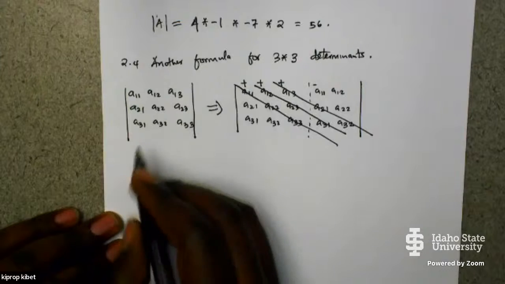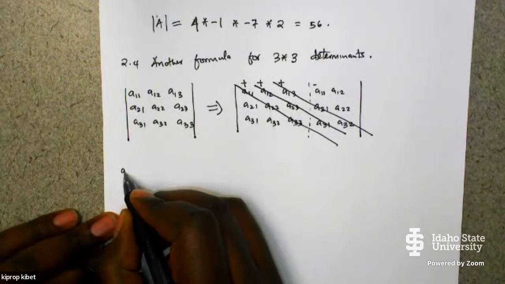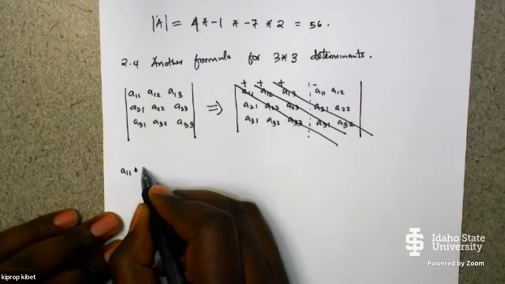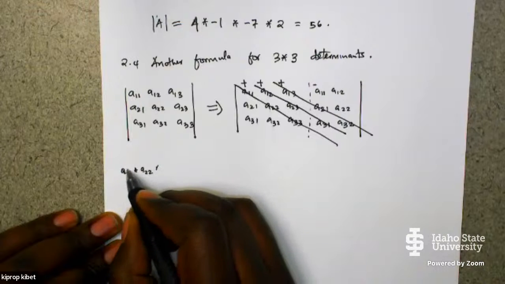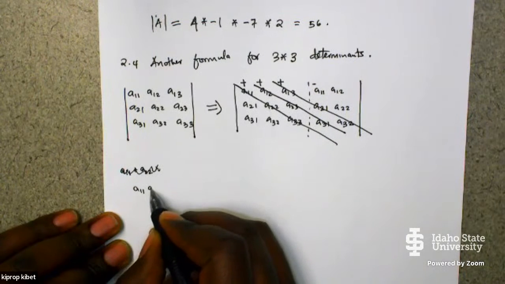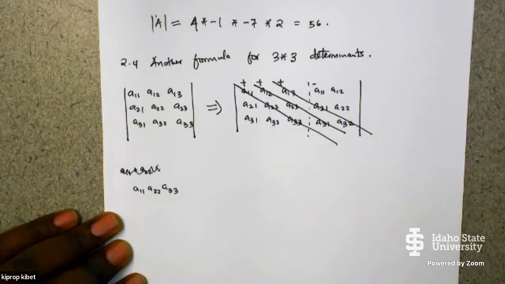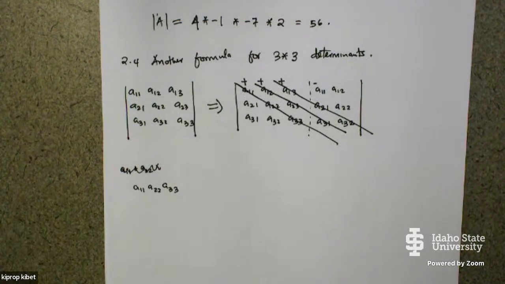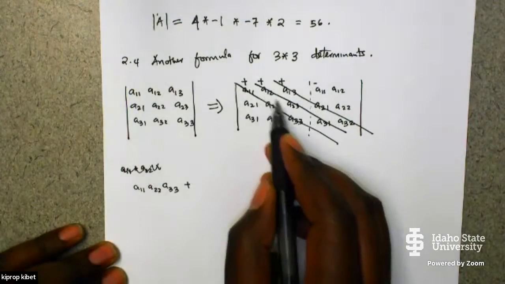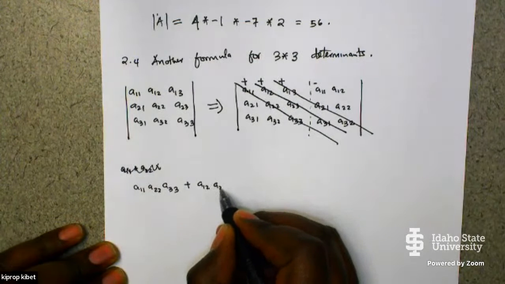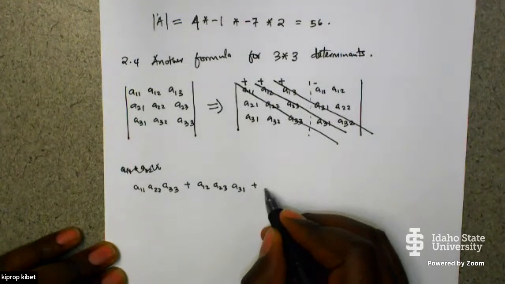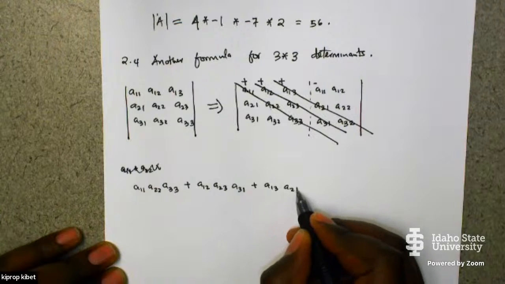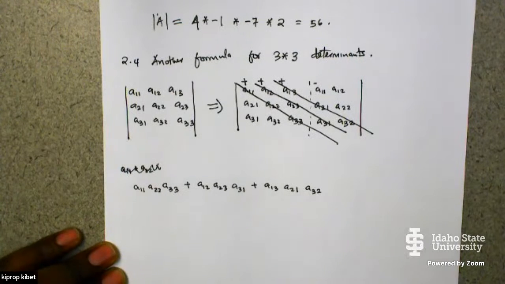To get the determinant, it will be A11 multiplied by A22 multiplied by A33, plus A12, A23, A31, plus A13, A21, A32.